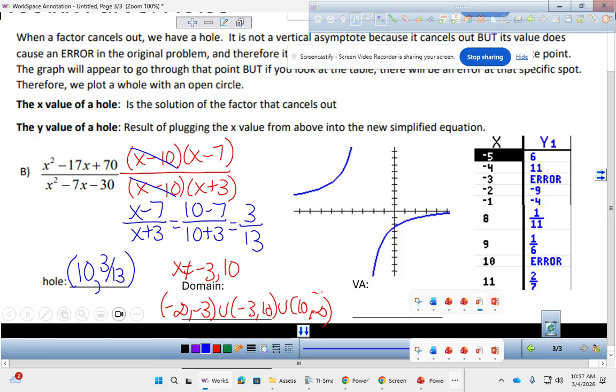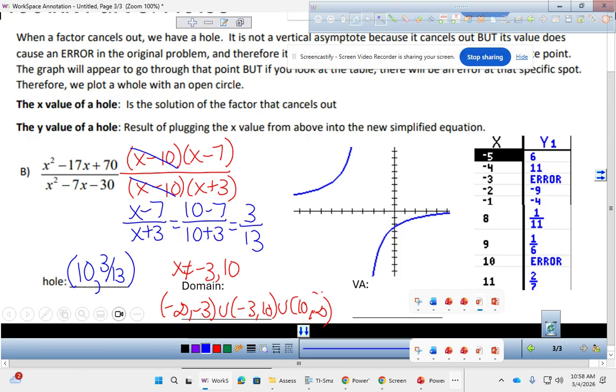Essentially what's happening here is if I were to type this equation into y1, and this equation here, x minus 7 over x plus 3, into y2, the table would be identical for every single value in all of the tables, except for one. At 10, one of the equations would have an error and the other one wouldn't. Okay, that's the only place they're going to be different.